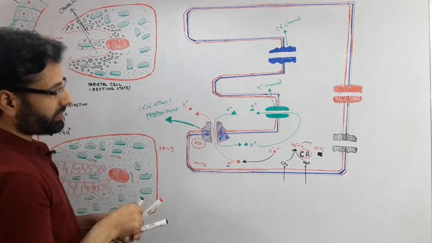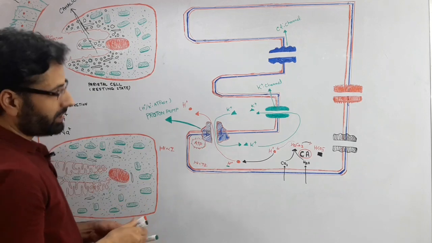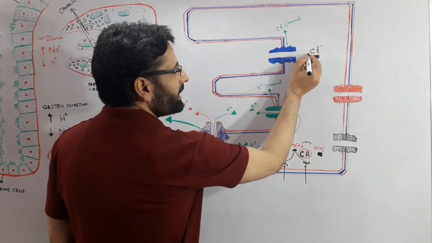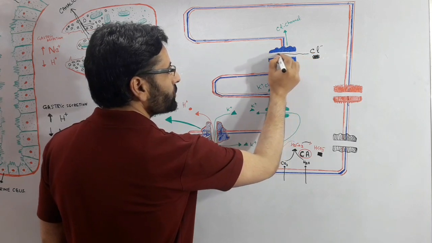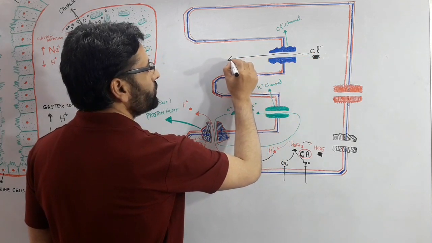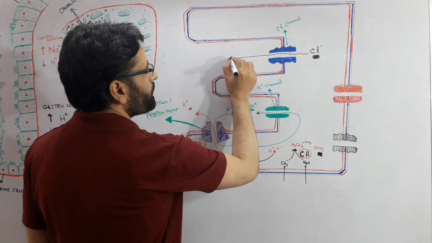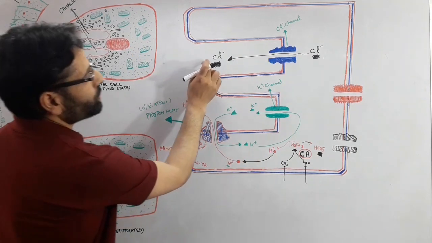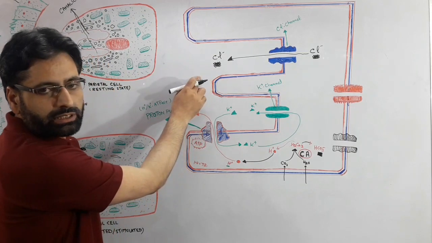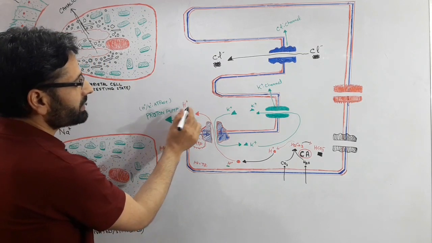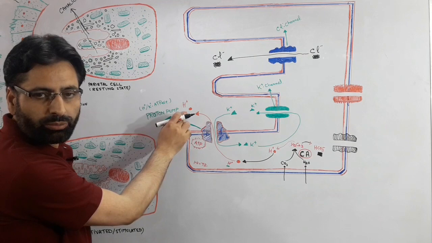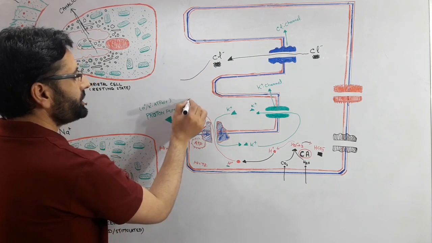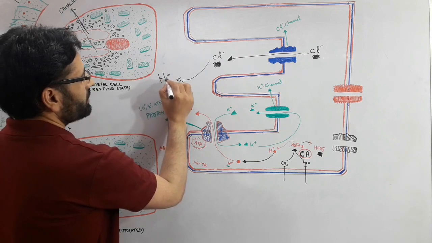Chloride is transferred separately, through these chloride channels from the cytoplasmic side into the luminal side of this gastric gland. Now we have the chloride and this H positive in the lumen of this gastric gland, and the net result of this combination is HCl.